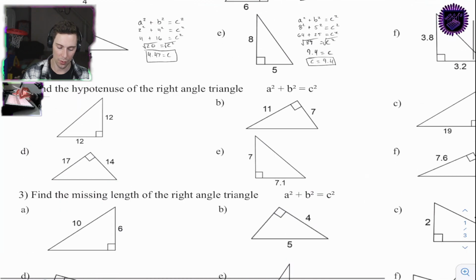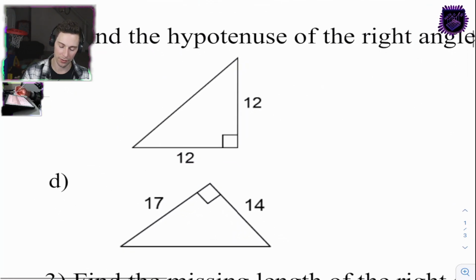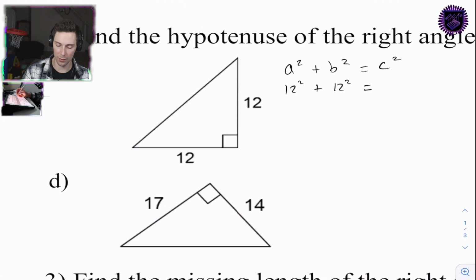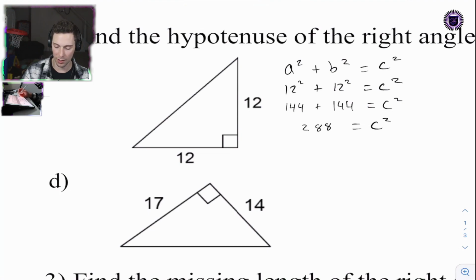Let's look at 2a, 12 and 12. So a squared plus b squared is equal to c squared. So this is going to be 12 squared plus 12 squared is equal to c squared. So 12 squared is 144 plus 144 is equal to c squared, which is 288, equal to the square of side c.